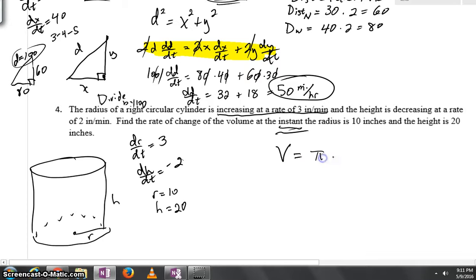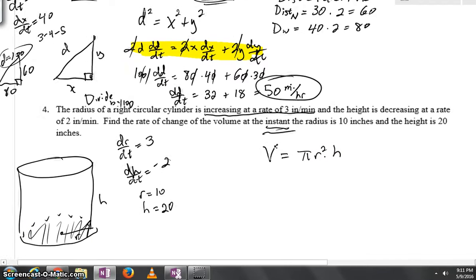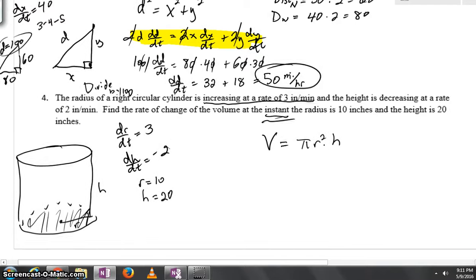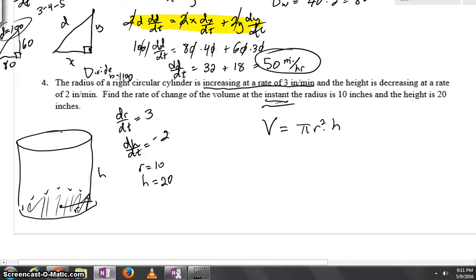Volume is really the area of the base, which is a circle, pi r squared right here, times the height. And at this point, it's very tempting to wonder if you did something wrong. We need to take a derivative.